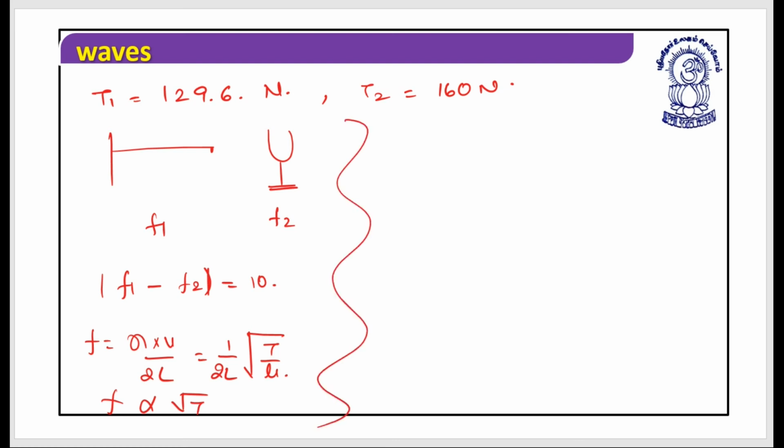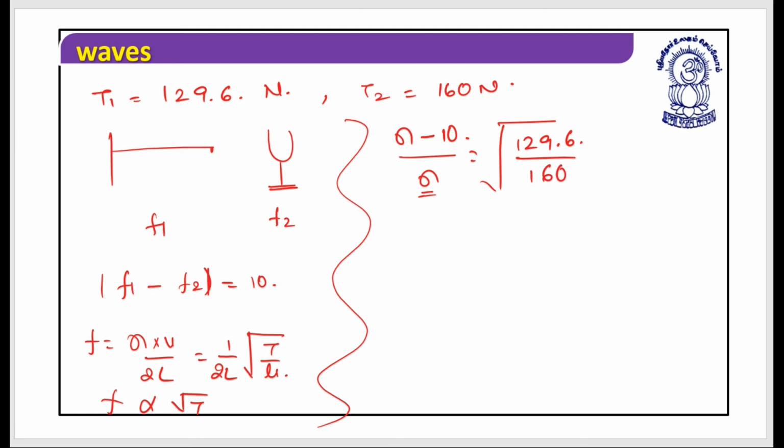So if I took delta F by F, this would be equal to (N minus 10) divided by N, which would be equal to the root of 129.6 Newton divided by 160 Newton. I hope this is clear.